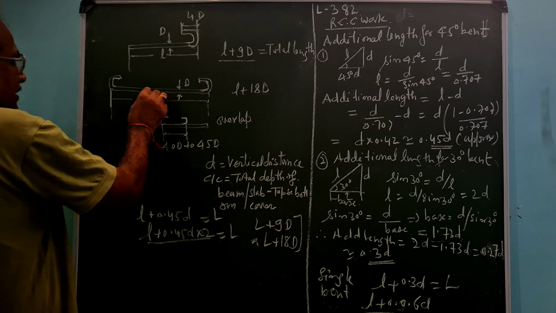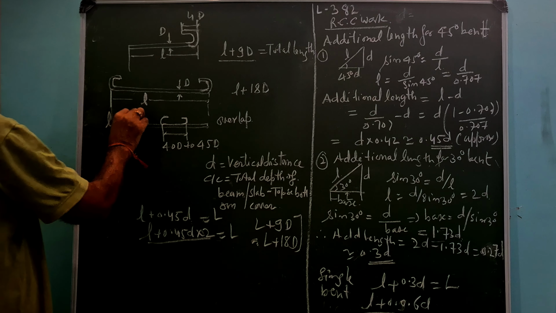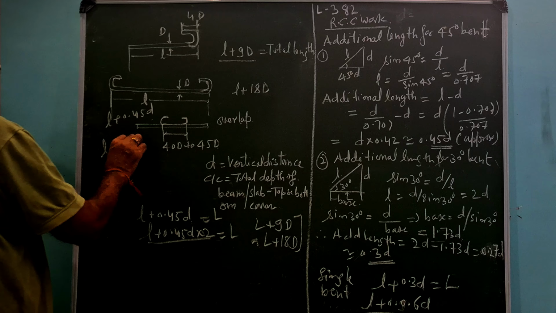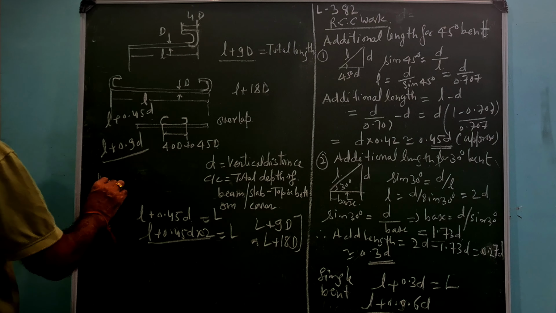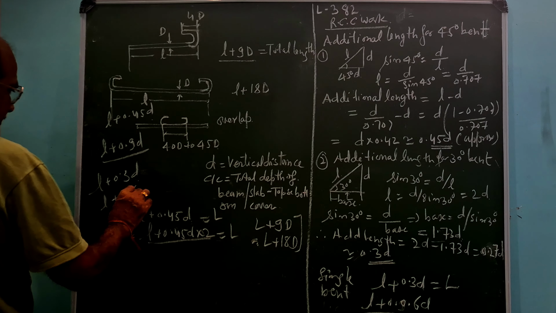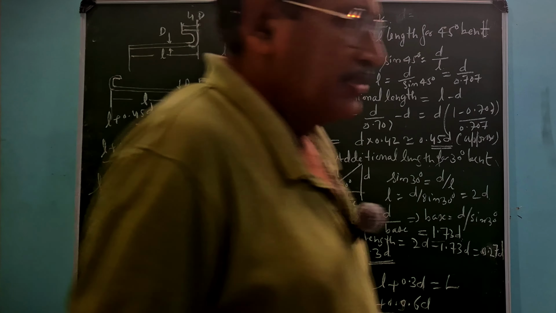If it is bent, then the length L will go for L plus 0.45D for one bend, or L plus 0.9D for two bends. For 30 degrees, it can be L plus 0.3D or L plus 0.6D. So you have to keep in mind that it will be done like this.